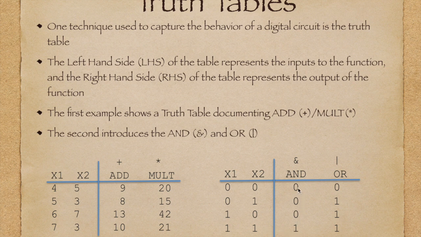Every other case it's a 0. The OR is true if either or both of them are a 1. So the OR is 0, 1, 1, 1. So keep in mind when you look at a truth table what you're looking at. The left-hand side represents the inputs. The right-hand side represents the outputs.